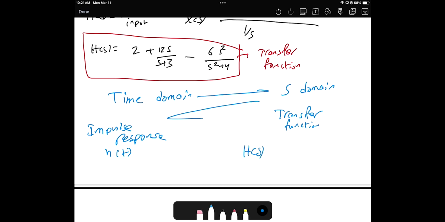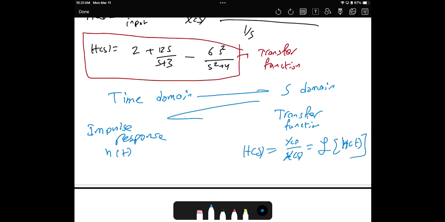How to find h of s? It can be either output over input, y of s over x of s, or it can be the Laplace transformation of h of t. Okay? This is crucial. It's very important for you to understand.